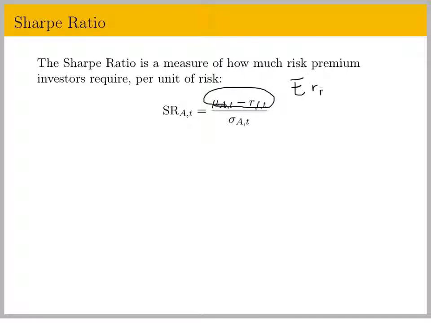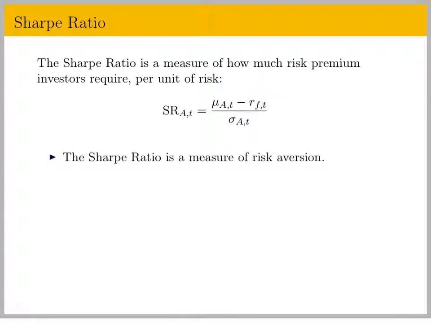That is, this is the expected value of R_at minus R_ft. Don't get confused by that. These two things are one and the same. So all we're doing is taking the risk premium and dividing by the standard deviation to get a measure of how much risk premium is required for each unit of the standard deviation.